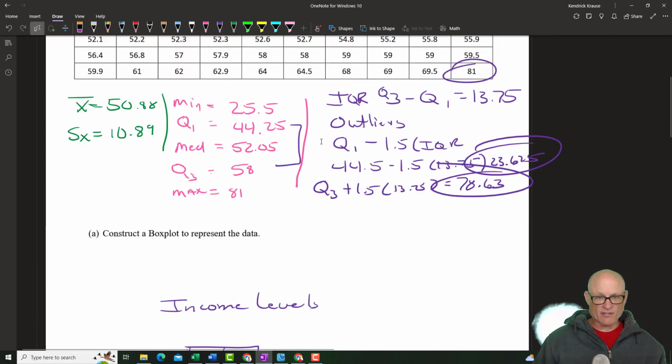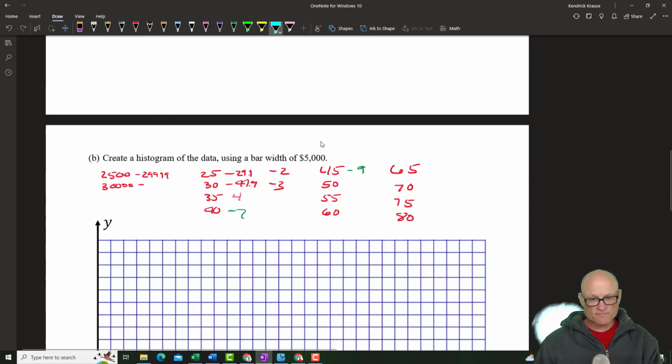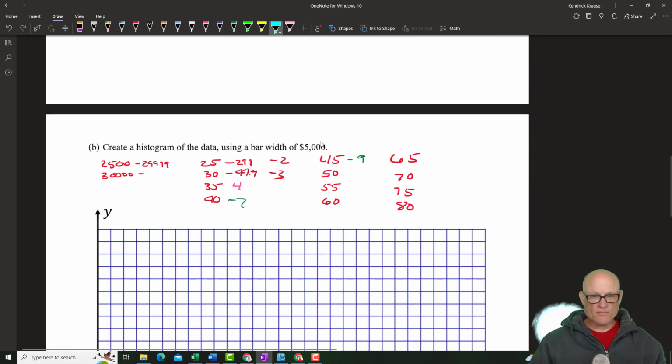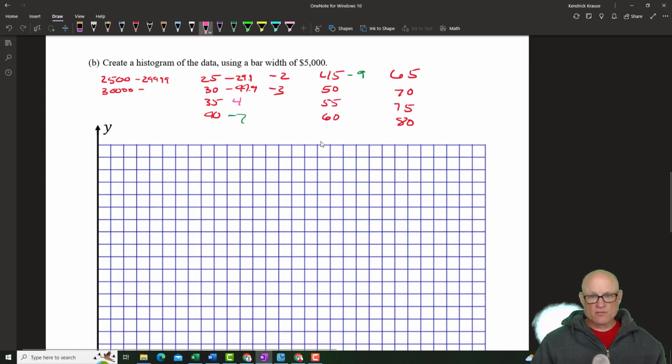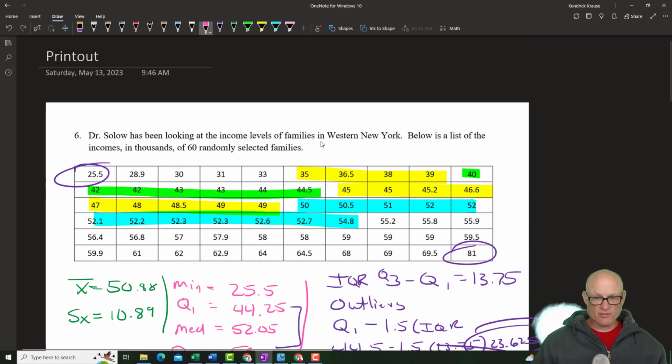50 to 55. Not up to 55. Oops. Don't include that last one. To here. 1, 2, 3, 4, 5, 6, 7, 8, 9, 10, 11, 12. $55 to $60.